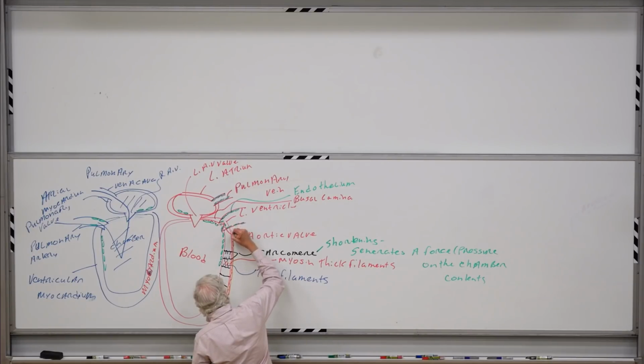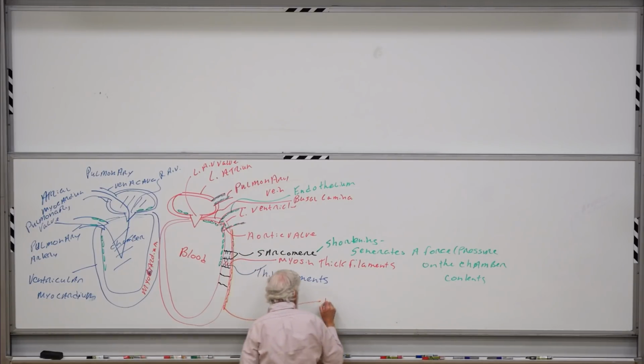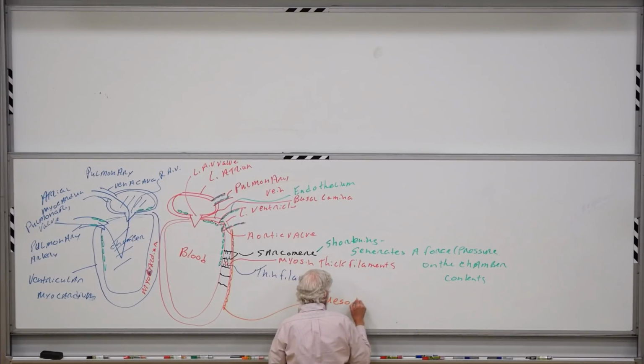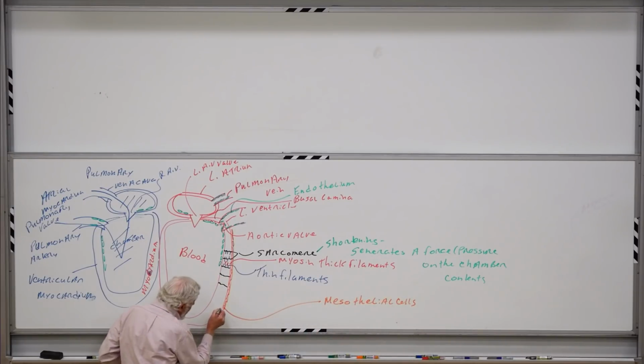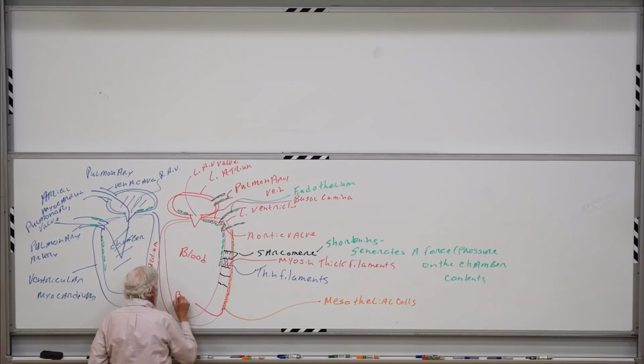And the cell layer here is of mesothelial cells. The mesothelial cells are attached to the substrate, just like the endothelial cells, just like an epithelium, so that there will be a basal lamina.